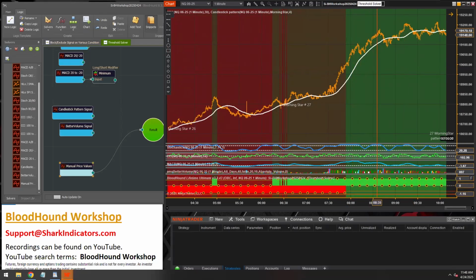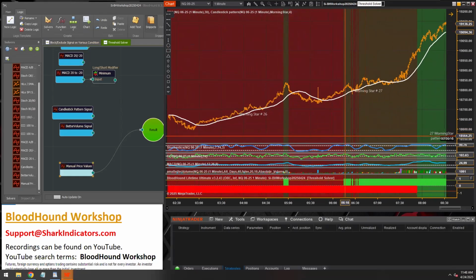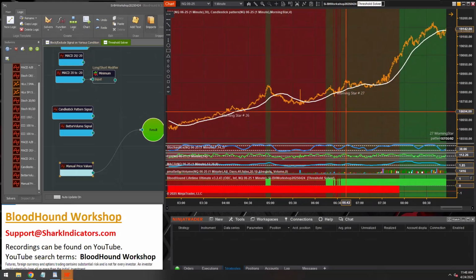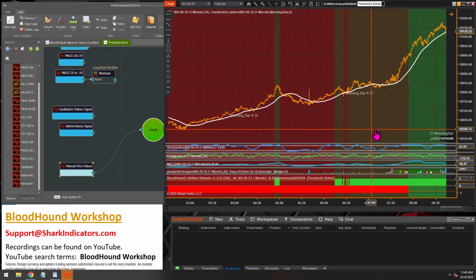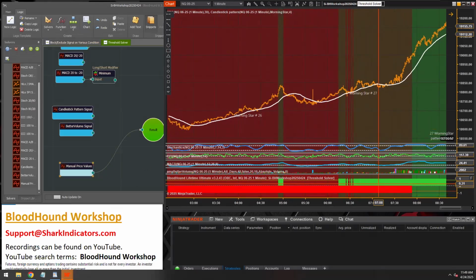So we can see the short output disappears. And vice versa, if the market is below 18,800, then you can only take short trades. But when the market is in between those two values, then you can take longs and shorts.